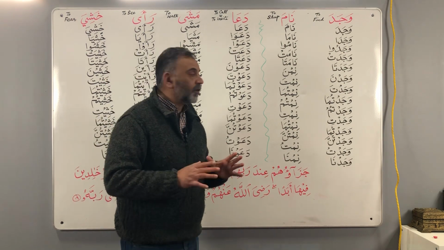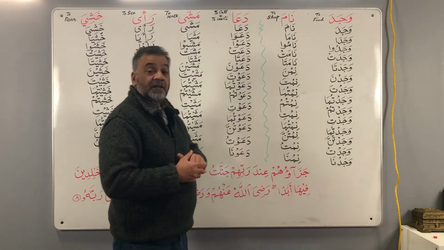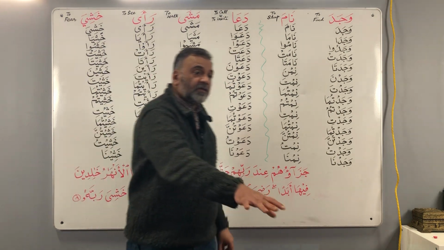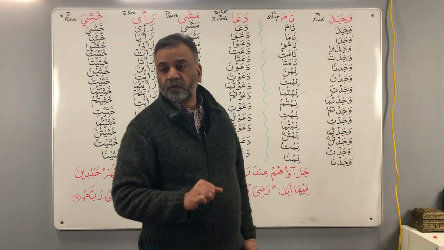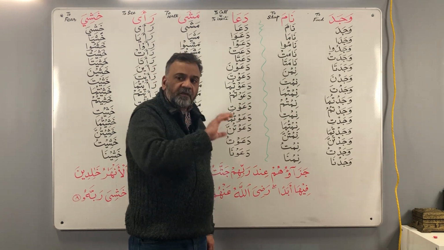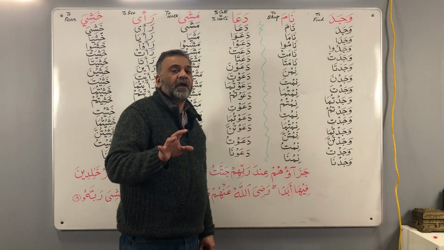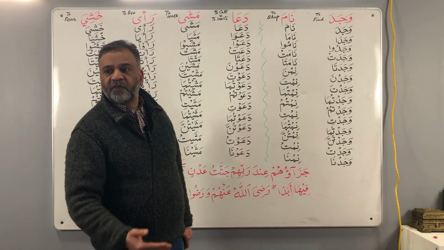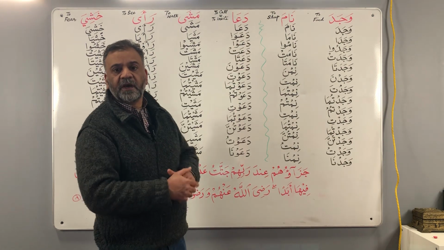Da'a, and then huma. Dr. Saab didn't pay too much attention to huma. He skipped it because huma is not frequently used. But since we are learning everything in sequence, we have huma here as well.